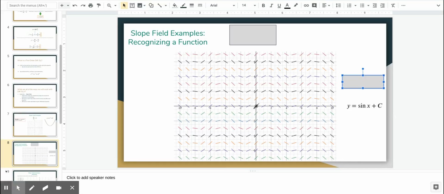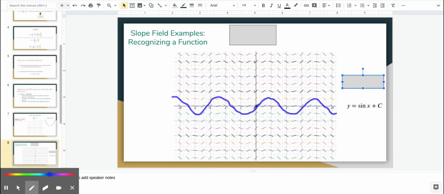So hopefully you see it a little bit where if we start at the origin, right, we go up to 1, we can actually start to follow this differential equation really nicely, right? And so you start to see the sine curve come out of it, and we could go the opposite way as well. All right. And so all I did was follow there. And that's another example of sketching a solution curve through a certain point. So that is the function itself.